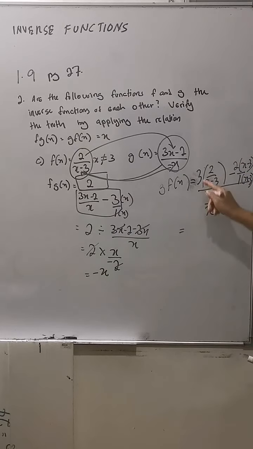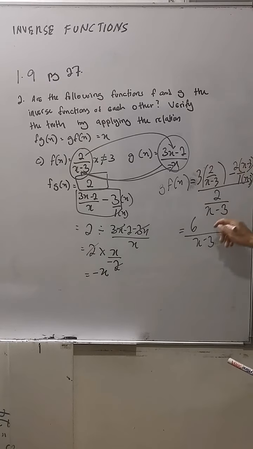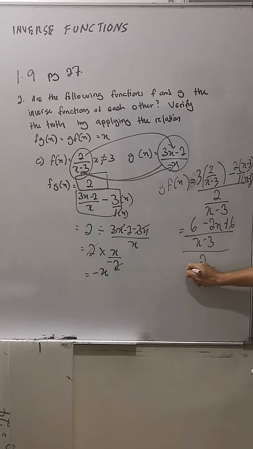So on the top here we have 3 times 2 will be 6, and then together x minus 3, and then it will be 6 minus 2x, negative 2 times negative 3 will be plus 6. Okay, that is on top here. Then the second one is 2 over x minus 3. Okay, first level, second, third, and fourth.